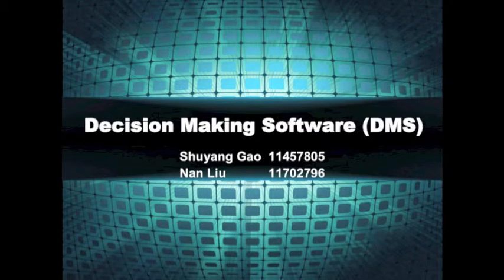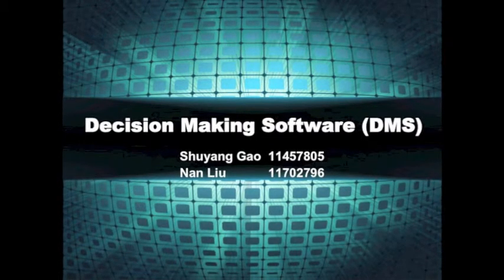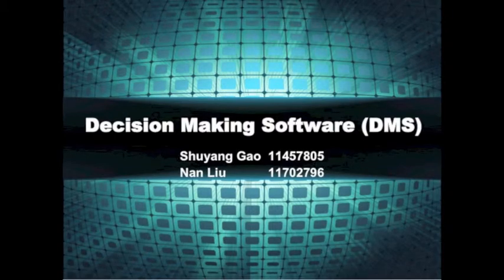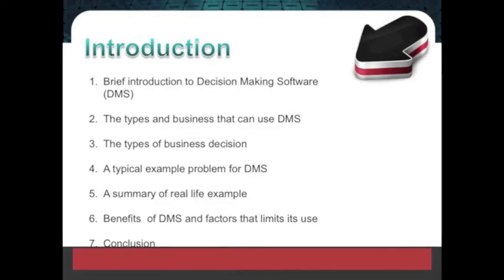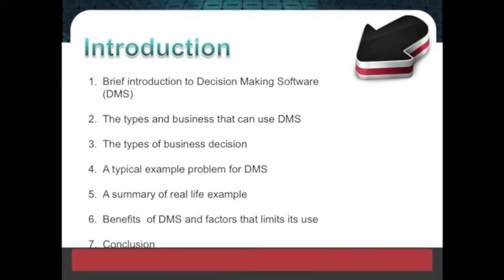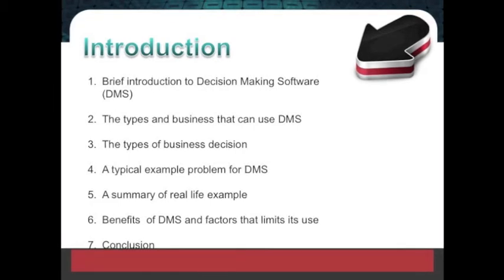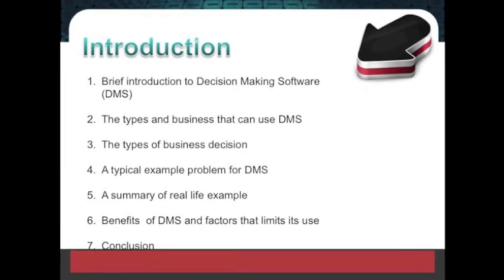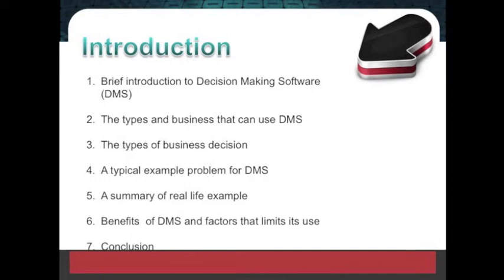In this presentation, we would introduce you to a decision-making technique which is frequently used by companies. The presentation contains 7 parts. Firstly, the technique will be introduced briefly. Secondly, types of business and industry that can use decision-making software will be identified. Next, different types of business decisions will be introduced.